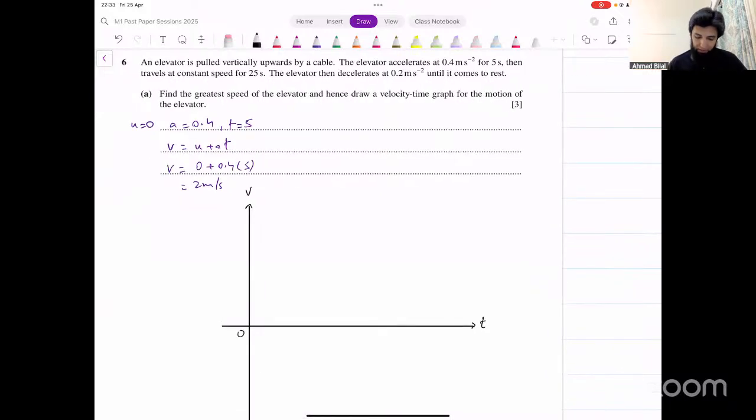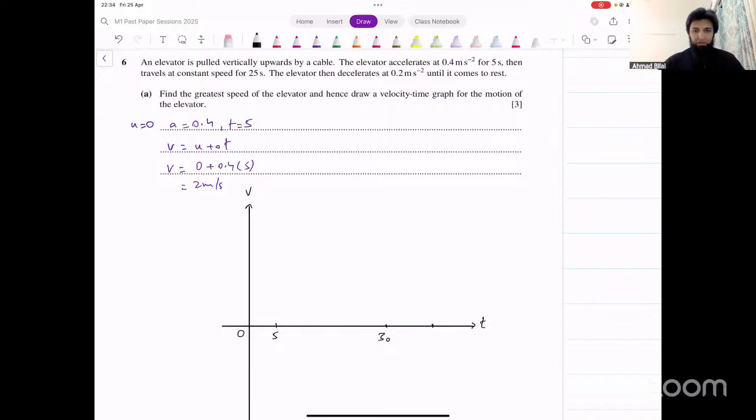It starts at time 0. It accelerates for 5 seconds. We can put 5 here. Then it travels at constant speed for 25 seconds. So we can mark 30 here somewhere. And then it comes to rest. We don't know at what point it comes to rest. Let's just mark it anywhere.